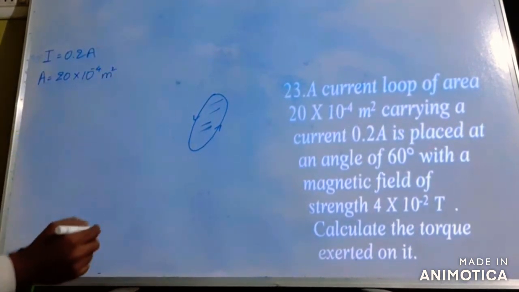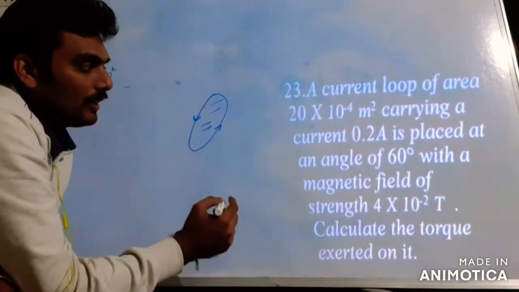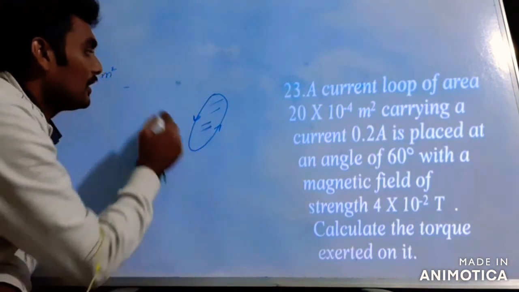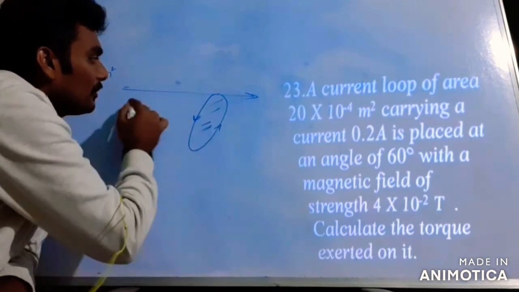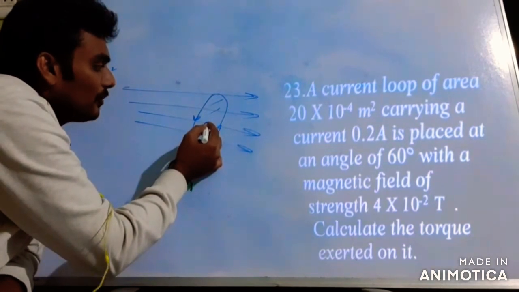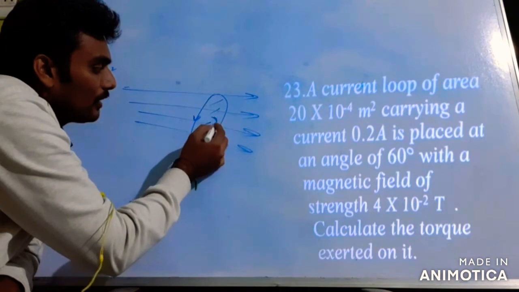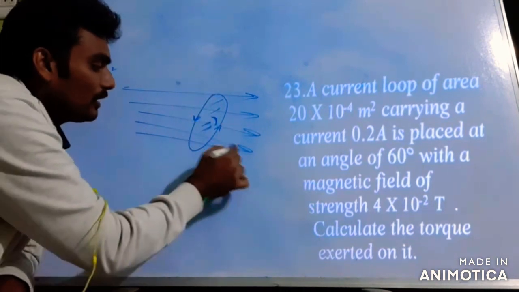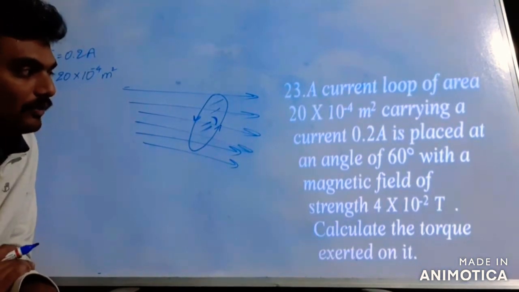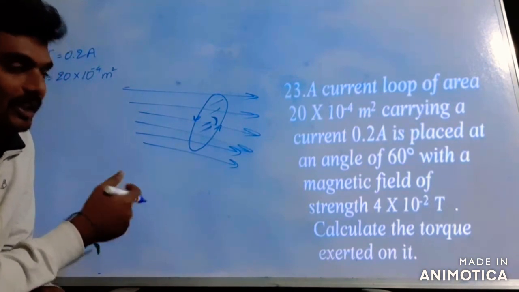Area of the loop given is A equal to 20 into 10 to the power of minus 4 meters square. And this current loop is placed in the external magnetic field such that the plane of the coil makes an angle of 60 degree with the magnetic field.